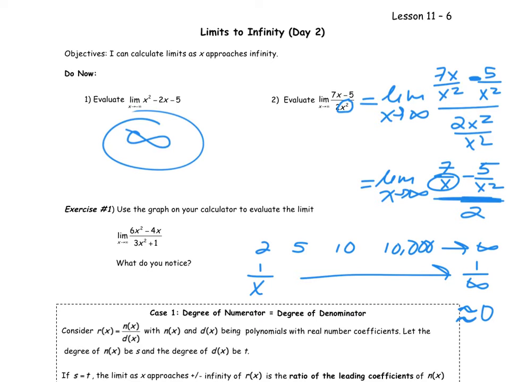So right now, as my limit approaches infinity, this term is going to go to 0. And now I have it over infinity squared. Well, this term is also going to go to 0. So I have 0 minus 0 all over 2. So this limit is going to 0.